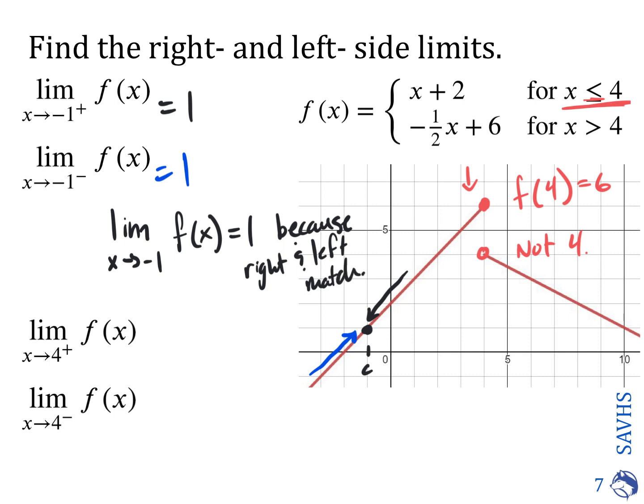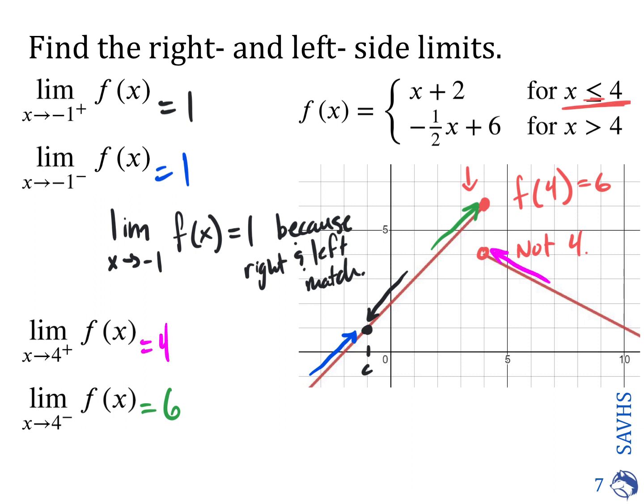Now, we need to compare that to this other one, which is the left and right-sided limits at 4. The left-sided limit, I'll look at that one first, approaches 6, and the right-sided limit approaches 4.